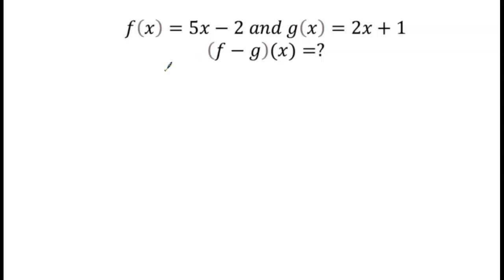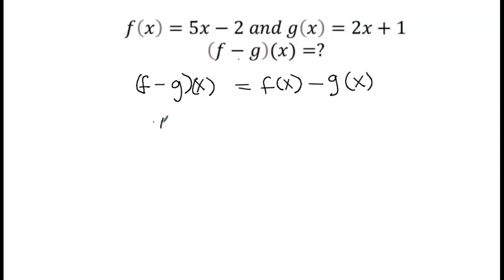For example, we have been given f of x and g of x, and they want us to find f minus g of x. Same way, f minus g of x is the same as f of x minus g of x. So we'll write our f of x, 5x minus 2.